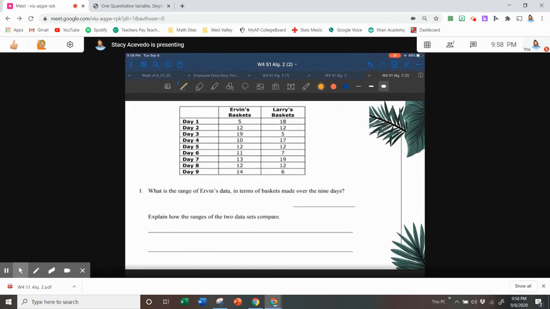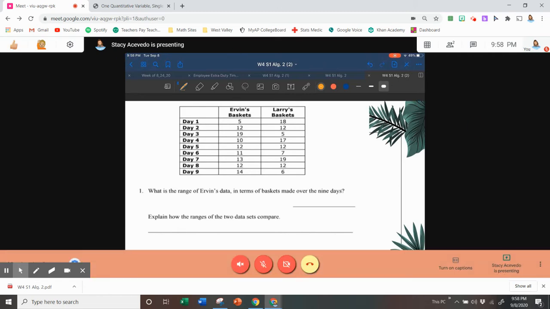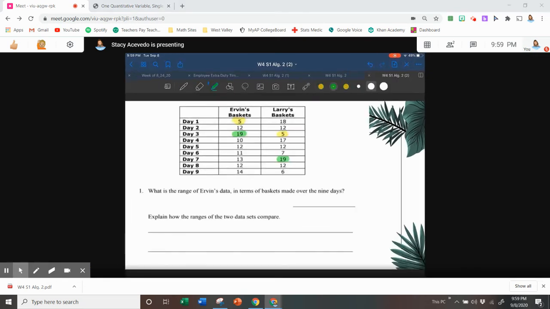So what is the range of Ervin's data in terms of baskets made over the 9 days? Explain how the ranges of the two data sets compare. So in Ervin's data set, as well as Larry's data set, we found the minimum of 5. They both have a minimum of 5, and their largest value is 19.